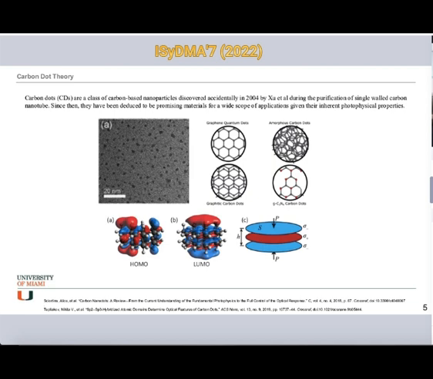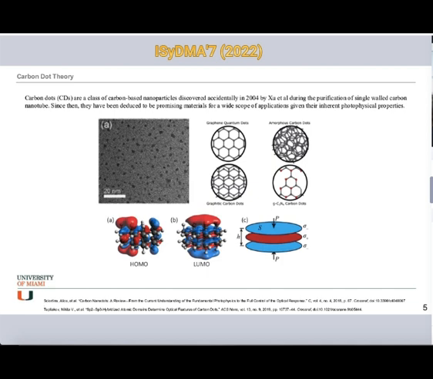When Xu and colleagues reported their work, they felt that what they observed by electrophoresis was due to impurity. In 2006, at Clemson University with Professor Xu, they solved this problem: it was not an impurity, but a new type of nanoparticle.